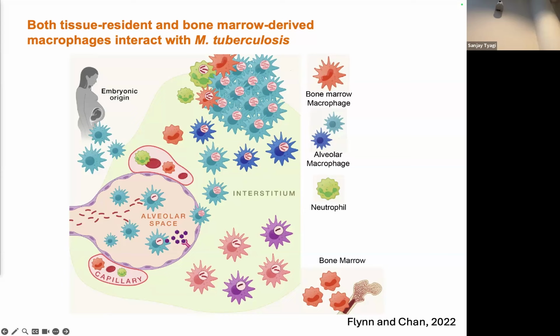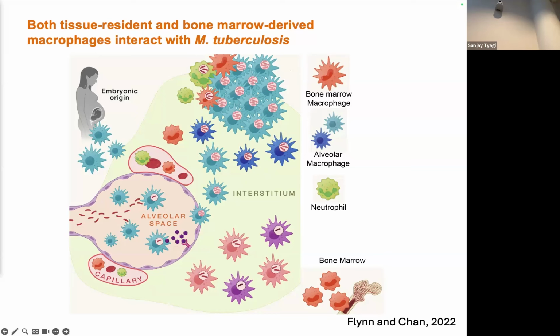But once it goes into the interstitium, that's where the granuloma would be formed. Attraction of the other macrophages will happen there. And importantly, a different kind of macrophage also would arrive.